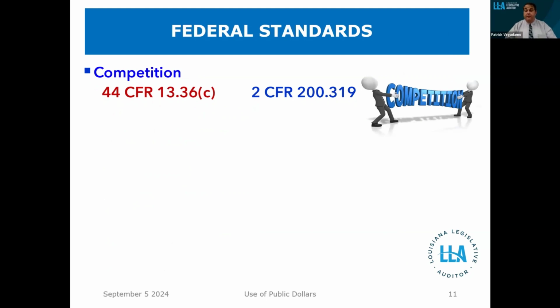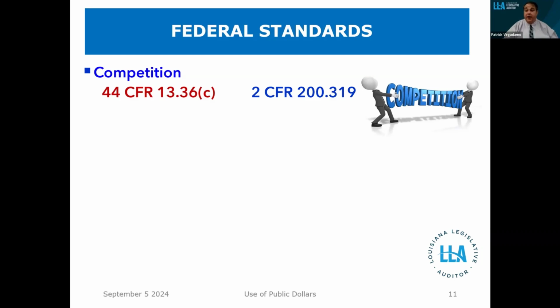This is usually not a problem, because if you're following the state laws under public bid law, its processes provide for competition, that bidding process, those quotes. So in theory, if you follow both the state rules and the federal, in most cases, by following one, you're following the other.